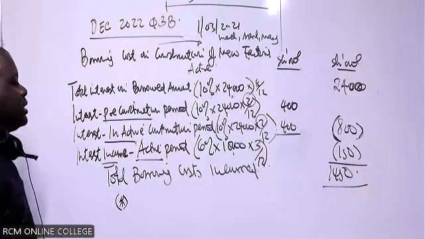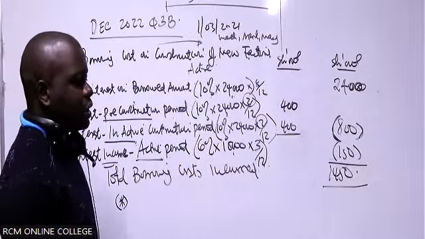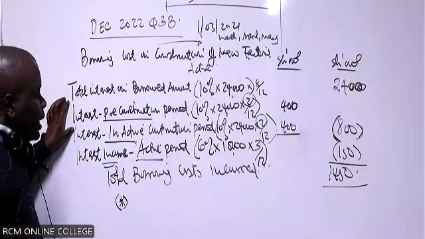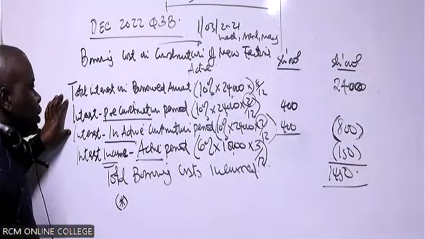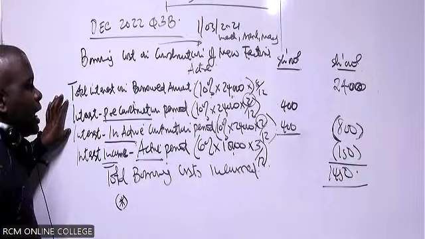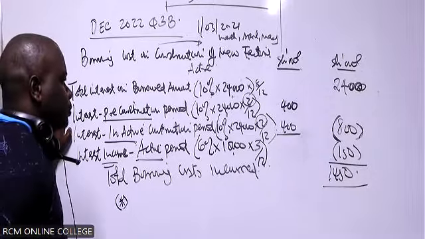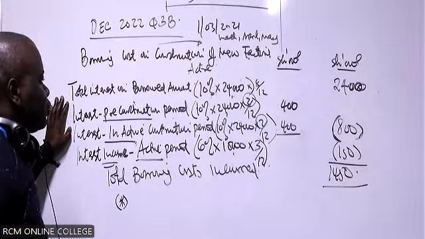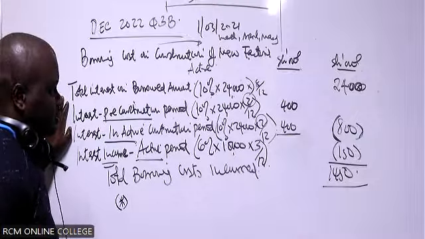You write the interest during the pre-construction period, and put an asterisk or a dash. The interest during the pre-construction period will be accounted for as an interest expense.